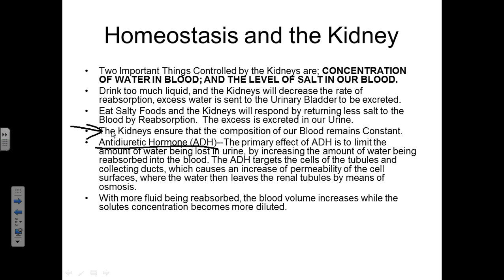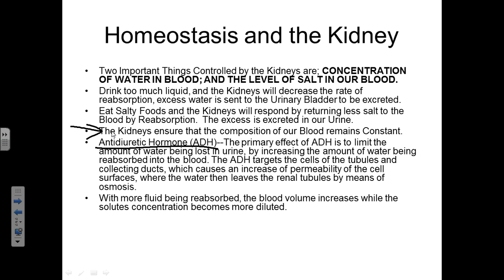Now, like any hormone, how does ADH get around? Through the blood. So it leaves the pituitary, it goes directly into the bloodstream, so it travels to your whole body. Can ADH talk to the cells in your fingers? No. Why can't it talk to them? They don't have the right receptor for it.